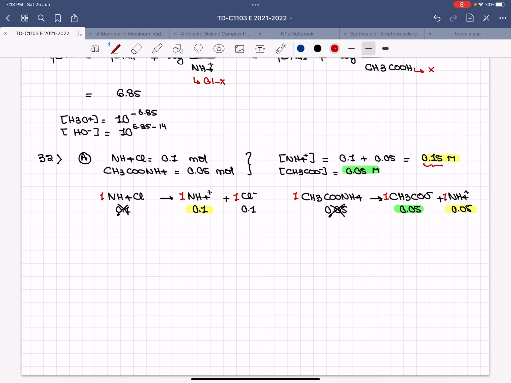Okay, so you start with the reaction, establish the reaction here, and we know why we established this reaction, because the Ka of the acid NH4 plus and the Kb of the base CH3COO minus are not 100 apart. Okay, they are a little similar. H3O plus, CH3COOH.